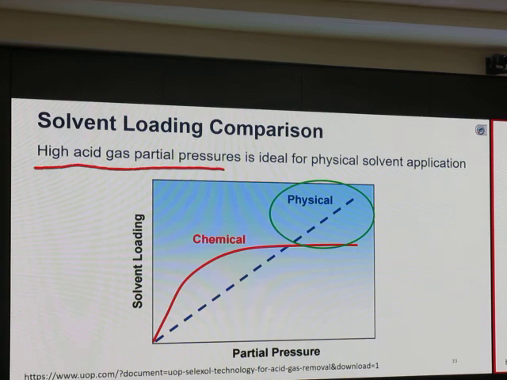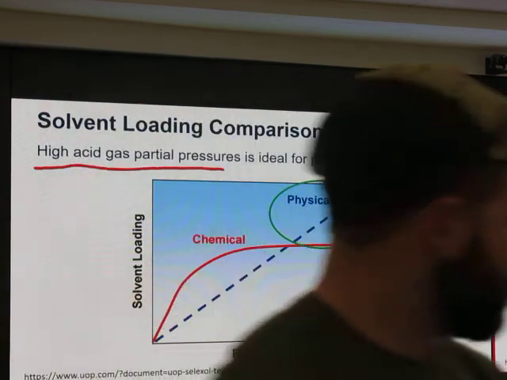This means if we have a lot of gas, like 5% or 50% H2S, very concentrated H2S, using physical solvents will be more efficient, for very high pressure.